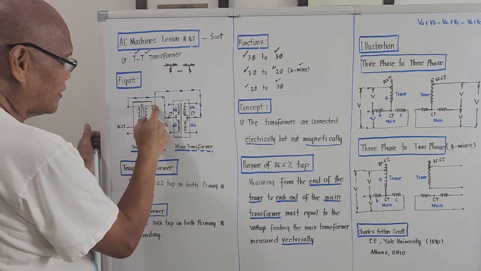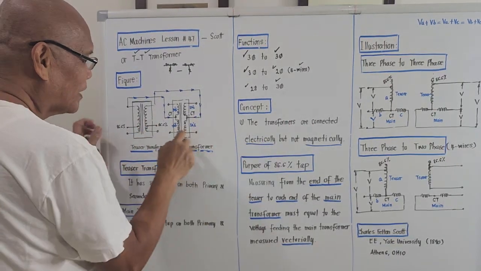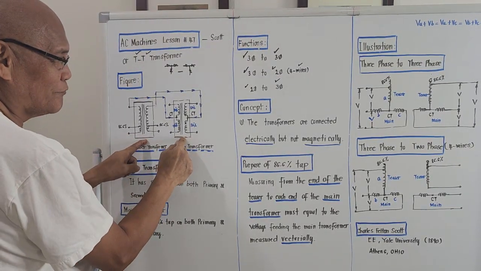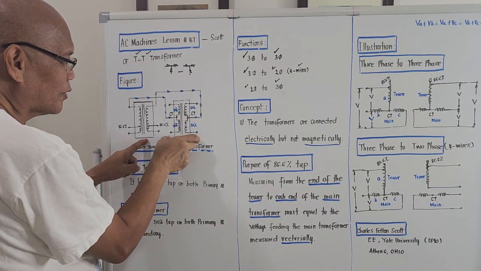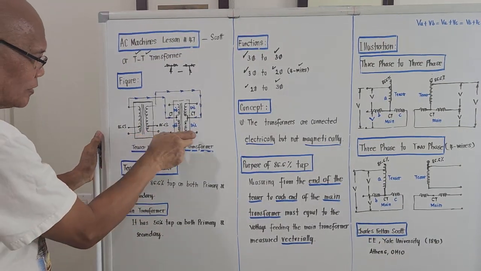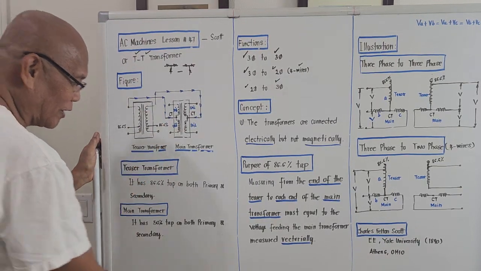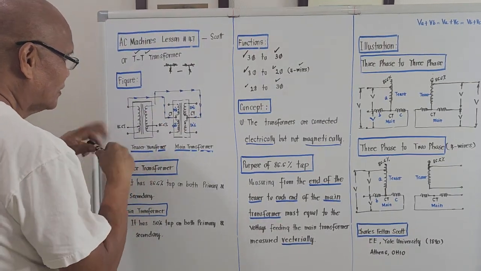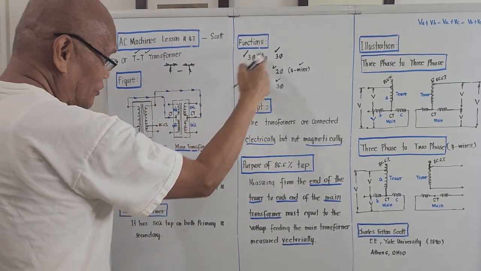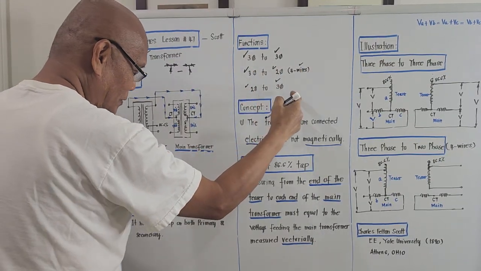We interconnect the different terminal connections, so they are connected electrically, but not magnetically, because the flux of this is different from this one. This is another transformer, and this is another transformer. So their fluxes are actually different, but they are connected electrically because we are connecting the terminals to obtain a 3-phase to 3-phase, 3-phase to 2-phase, or 2-phase to 3-phase.